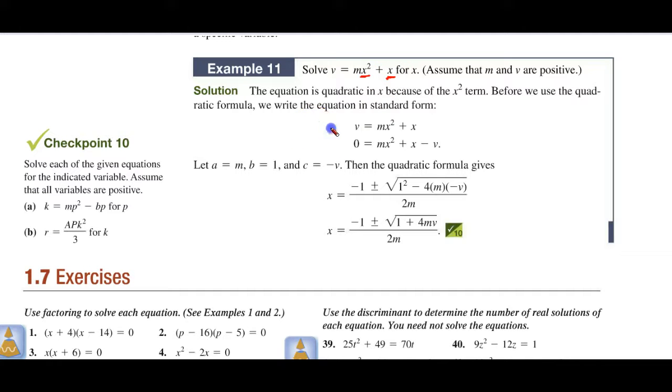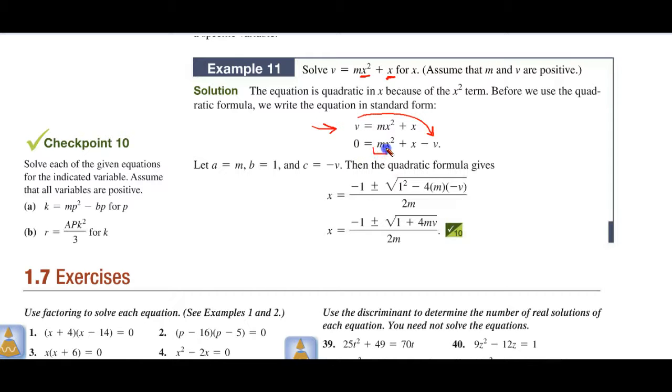So there it is initially. I'm now going to take the V, transpose the V to the other side, where it becomes a negative V, and there we now have it in standard form.